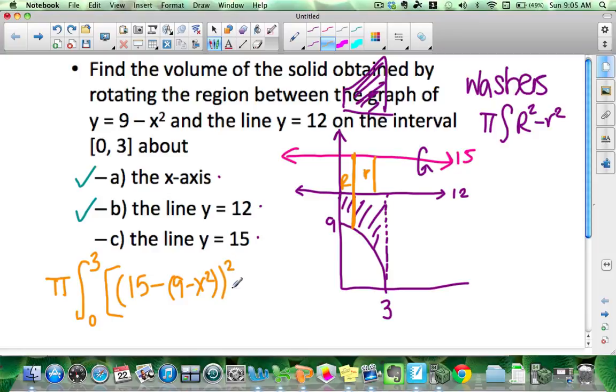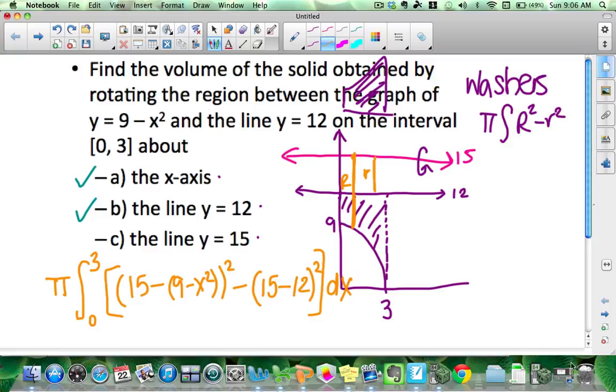Squared minus little r, top minus bottom. The top is 15. The bottom is 12. Close those big parentheses, and this is integrated with respect to x. Okay, so that's every type of possible example you could see when we're integrating with respect to x.